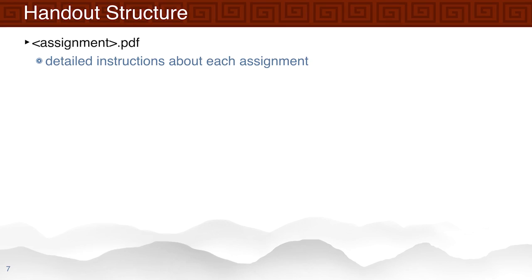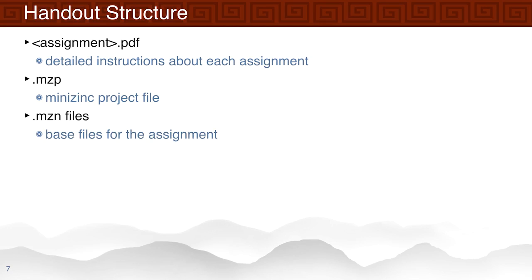Inside the zip file, the structure is always the same. There's an assignment PDF, which has detailed instructions about the assignment. Then there's a Minisync project file, which is what you should open to start the whole process of doing the assignment on the IDE. There'll be various Minisync files, which will be basic starting points for the assignment. They may be empty.